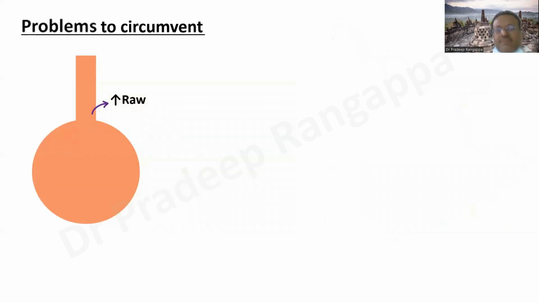Okay. So the problems in COPD that we face that need to be circumvented is there is increased airway resistance, and we saw that there is reduced time to get this carbon dioxide out, which leads to dynamic hyperinflation. So this is one problem which we need to address in any patient of COPD who is mechanically ventilated, that we need to improve the time.